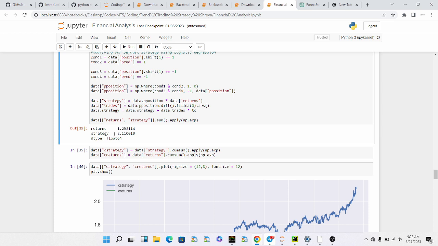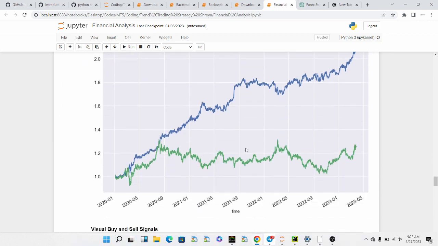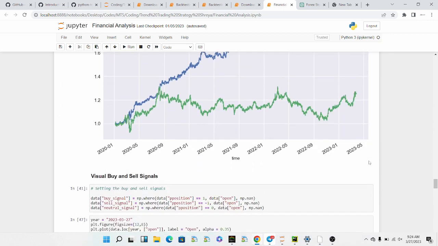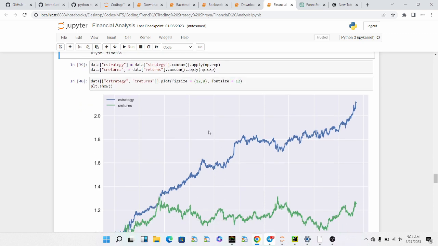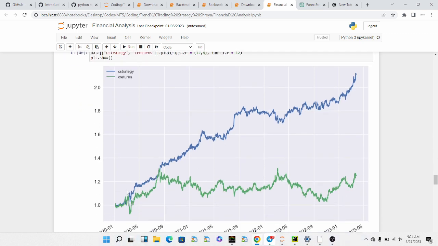Our cumulative strategy returned about 2.11, which is about 111% profit. You can see that from 2020 up to 2023, we had positive returns for our strategy, and you can see how beautiful this chart looks.